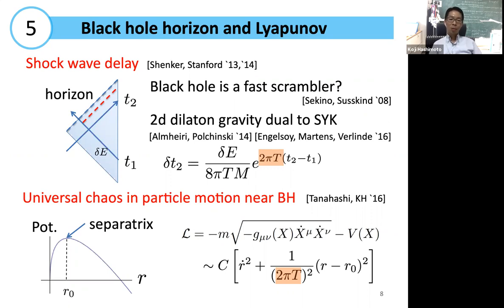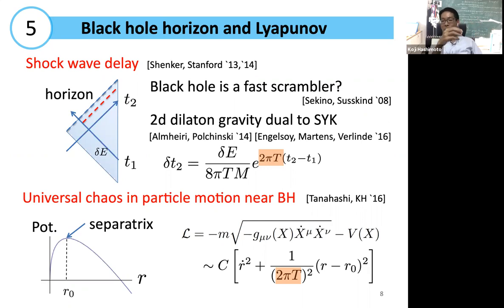This 2 pi T can also appear in a very nice way if you look closely at the near-horizon classical behavior. This was done in collaboration with Norihiro, who is here. We look at the particle motion near the horizon. Suppose there is a horizon and a particle moving near the horizon. If you don't do anything, of course the particle will go into the black hole horizon, and that's it.